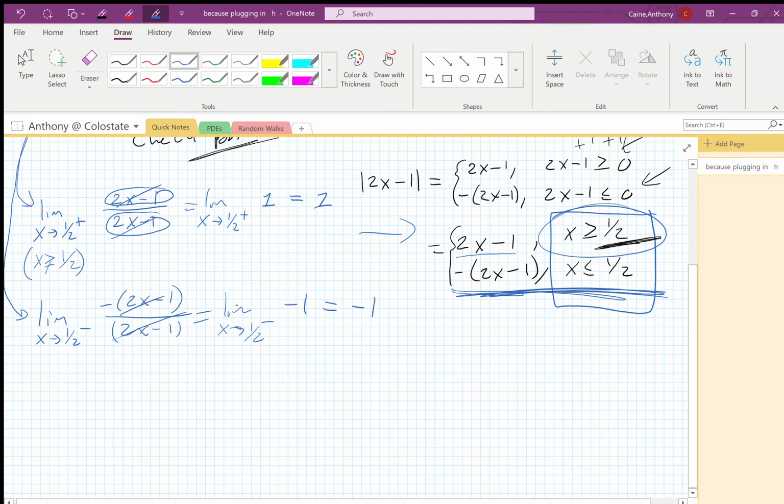Now you might think if you were on a test, you're done, but you're not, because you haven't given a conclusion. What's our conclusion?